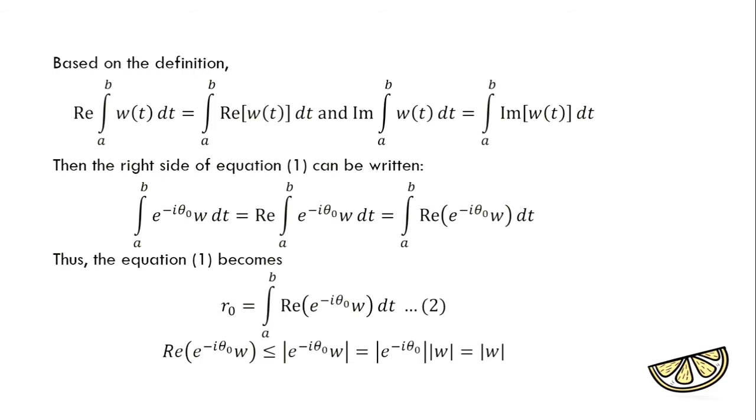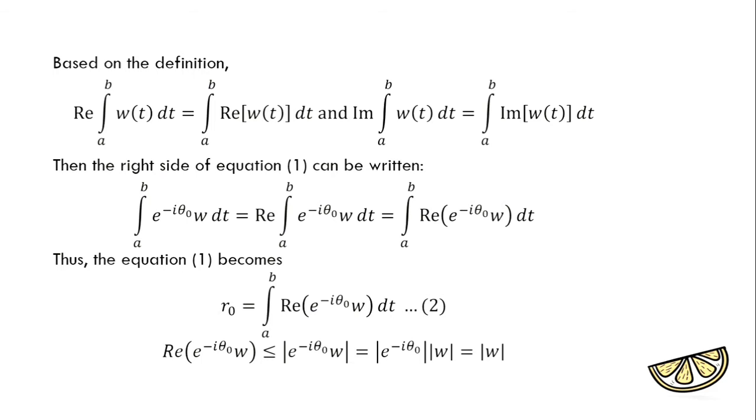Then the right side of equation 1 can be written as the integral of e^{-iθ0} w dt from a to b, equals the real part of the integral of e^{-iθ0} w dt from a to b, equals the integral of the real part of e^{-iθ0} w dt from a to b.